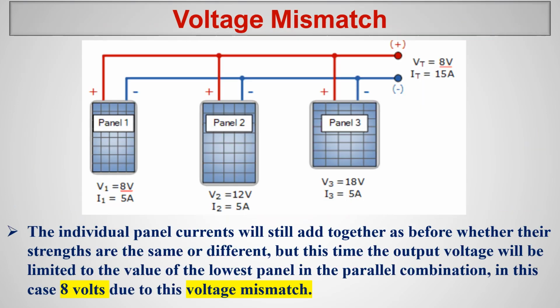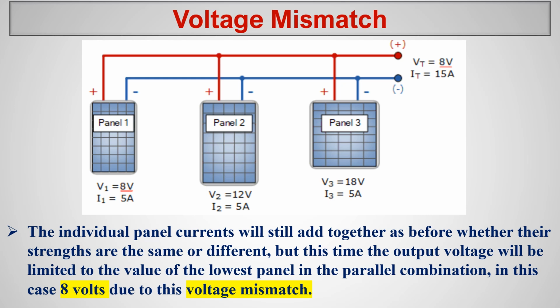So let's look here. This picture very clearly explains the situation. By looking here, you can simply understand this is a parallel connection, a parallel connection of three panels. We usually say panels in simple words: panel 1, panel 2, panel 3. So what is the problem here? The problem is that we have three different sizes of panels.